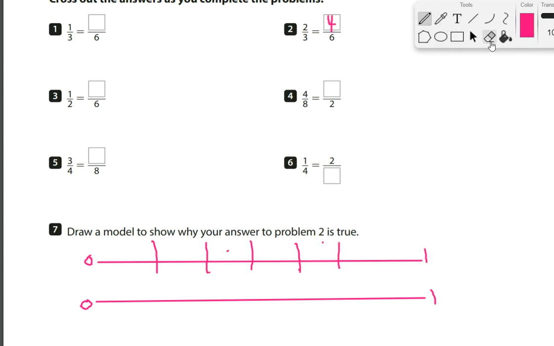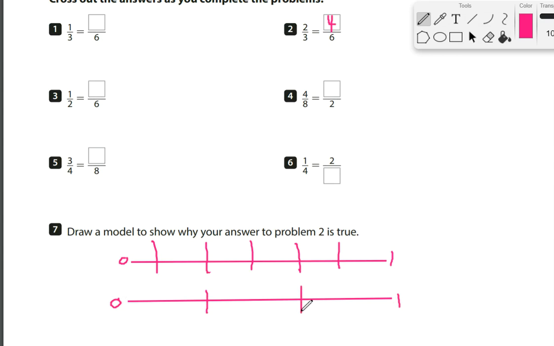My 1/6 is a little too long, so I'm just going to shorten my line to keep them equivalent. Minor correction right there. But we all have the eraser tool, which is super handy. So I'll shorten this just a little bit as well, since I initially made my line too long for what I wanted. 0 and 1, and here, so if these are 6, these are my thirds.